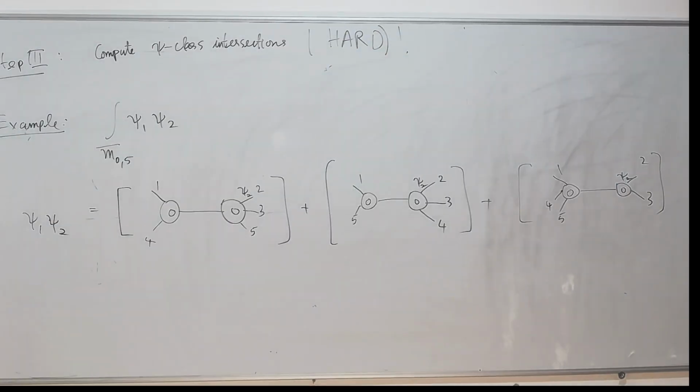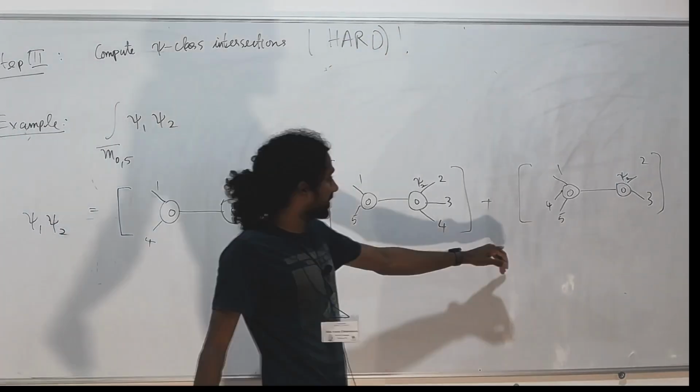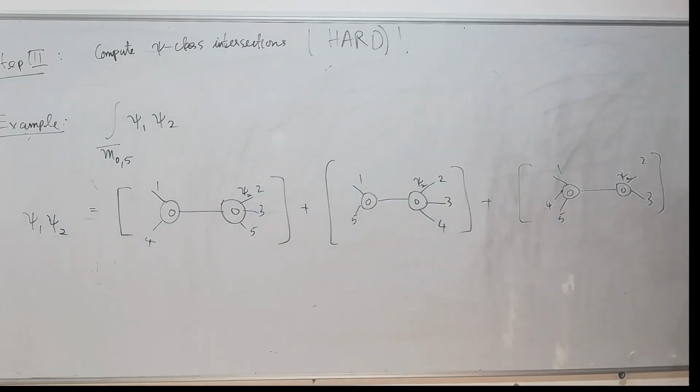The first thing to note is that this is 0. Why is that? I have a psi class. This is M04 times M03, and on M03 I put a psi class. And M03 is a point. A psi class is degree 2, but M03 doesn't have degree 2. It's just dimension 0, a point. So this is 0.